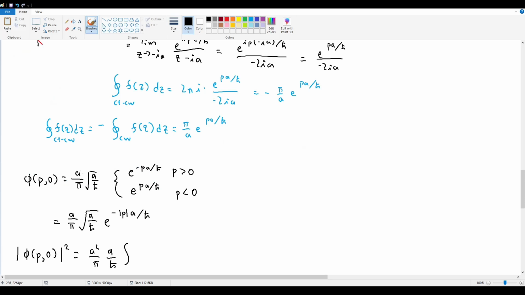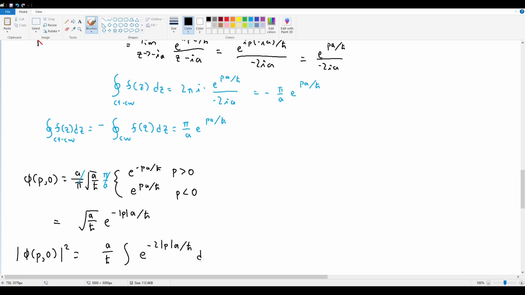Actually, no, sorry, I just realized there's a pi over a at the front here in both cases. So actually the pi over a cancels out with these two, so the pi over a disappears. So in that case, the magnitude squared is now just a over h bar, and I want to write that in black, not blue. A over h bar times e to the negative 2 magnitude p a divided by h bar dp.